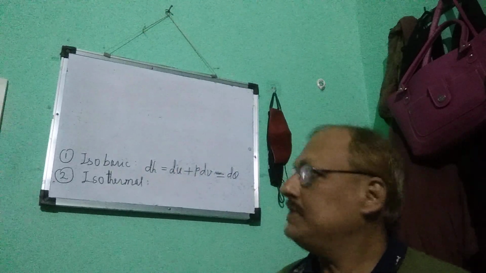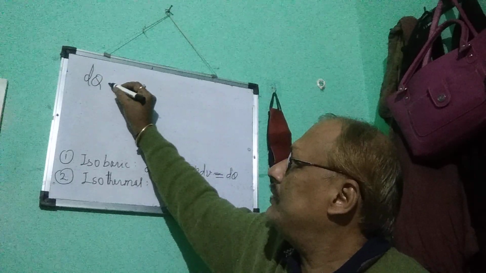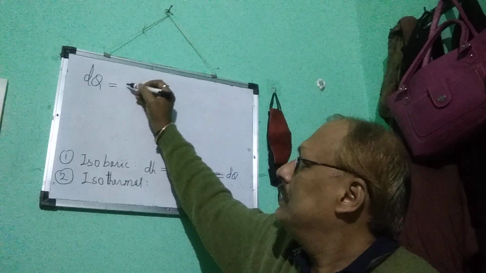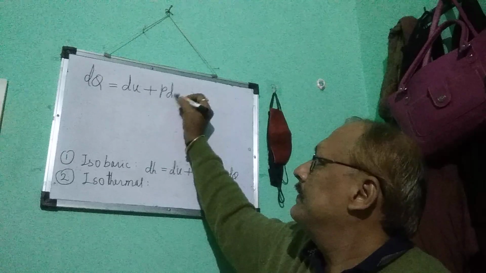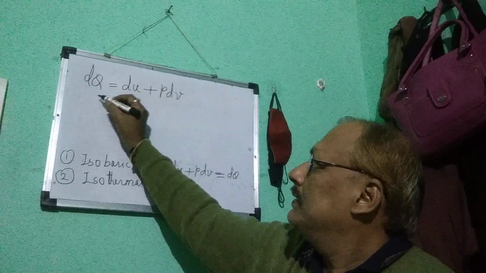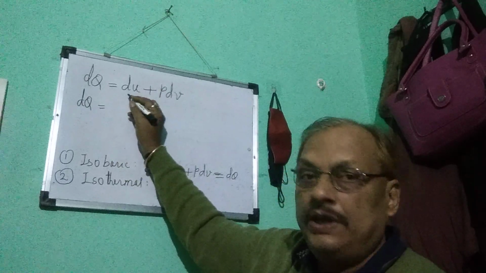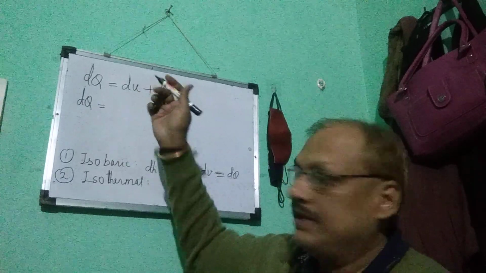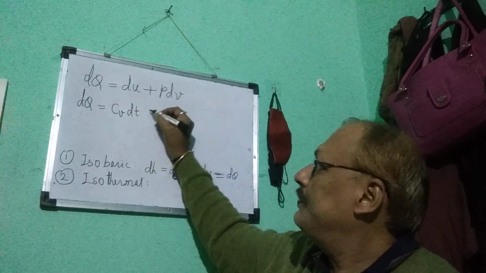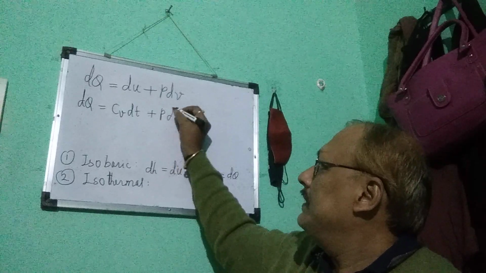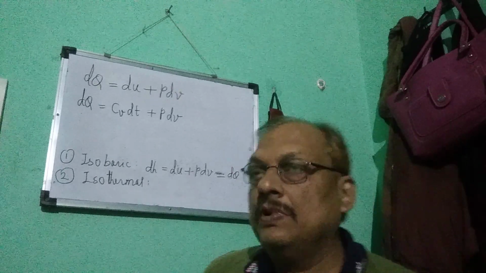In that case vdp will be 0. dq = du + pdv, or dq = cv dT + pdv, where this du is the change in internal energy and cv is the specific heat at constant volume.